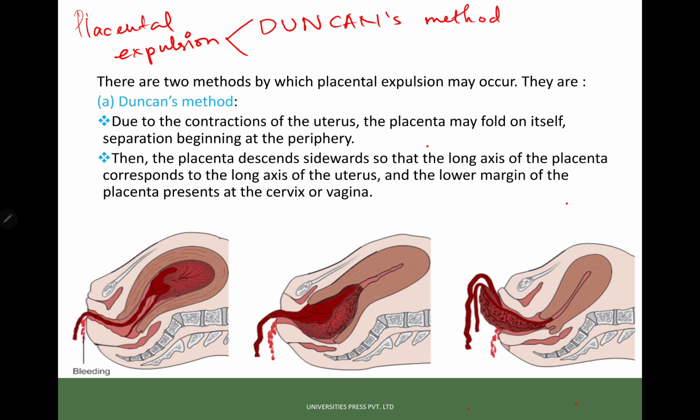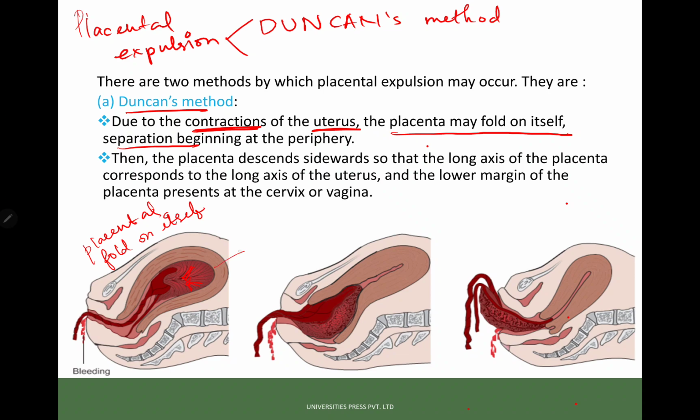So what is Duncan's method? Due to contraction of the uterus, the placenta may fold on itself, and separation will begin at the periphery.